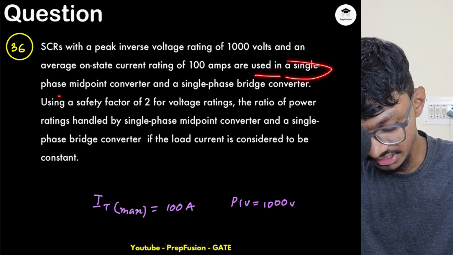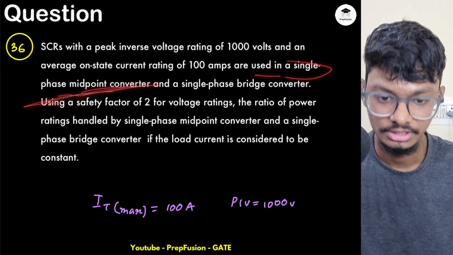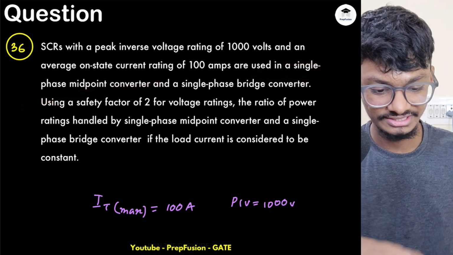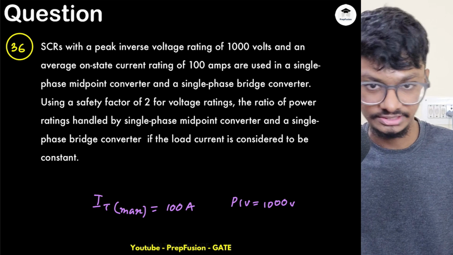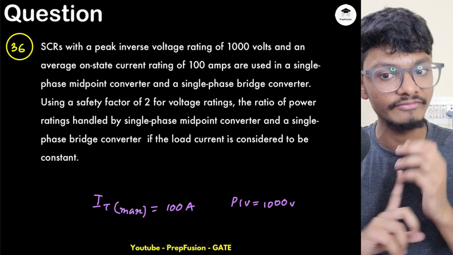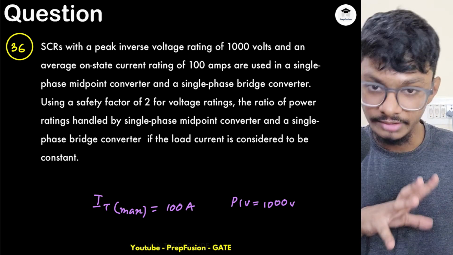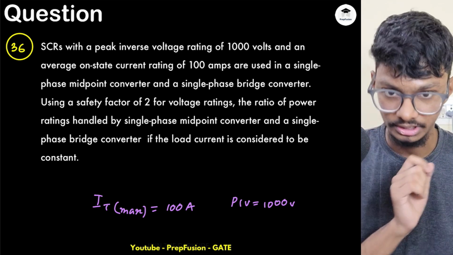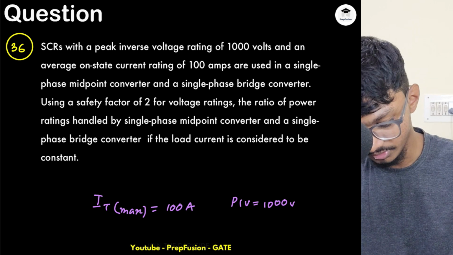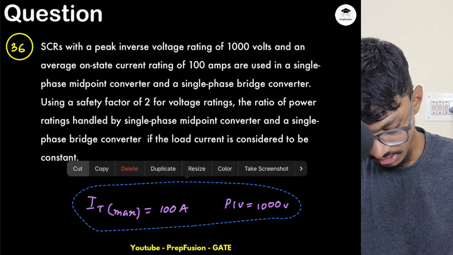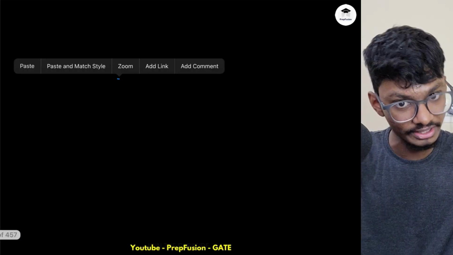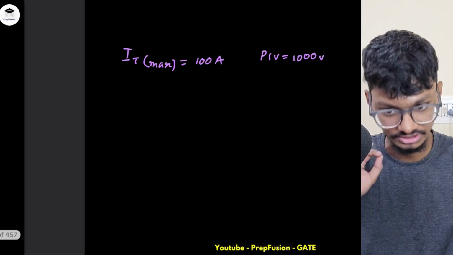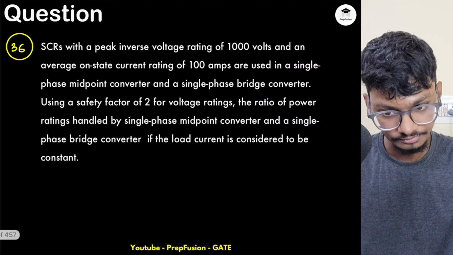these SCRs are used in a single phase midpoint converter. I have just taken it for the sake of it. If you have studied the midpoint converter, I have taught about it in the previous quizzes, and you have to go and watch that working. I'll quickly summarize what we know.